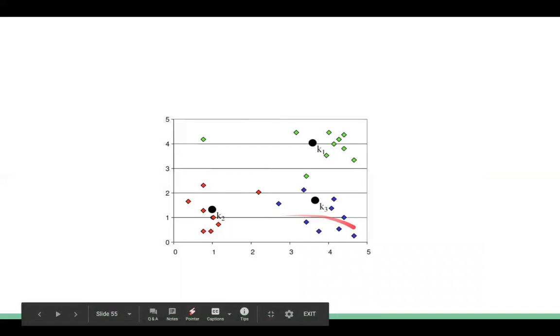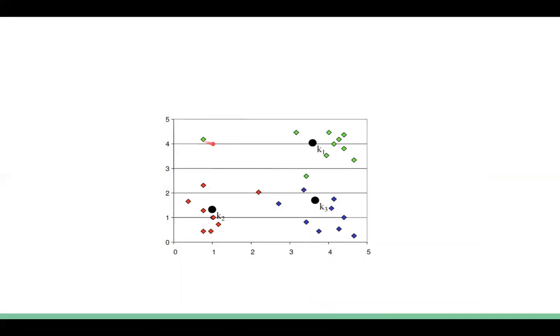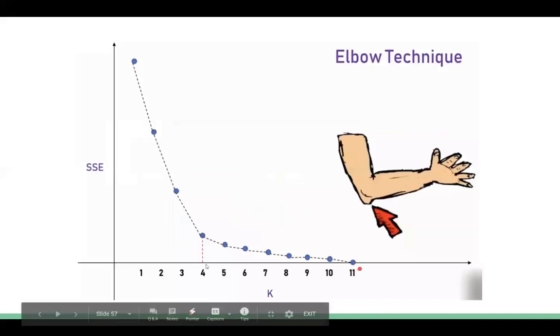When k equals 11, it means that each and every point forms its own independent cluster. When each and every point is an independent cluster, the error is actually 0 because there is no sum of squared errors there. The centroid itself is the point and there is no distance between them, so the error will actually be 0. So that's exactly what happened here.